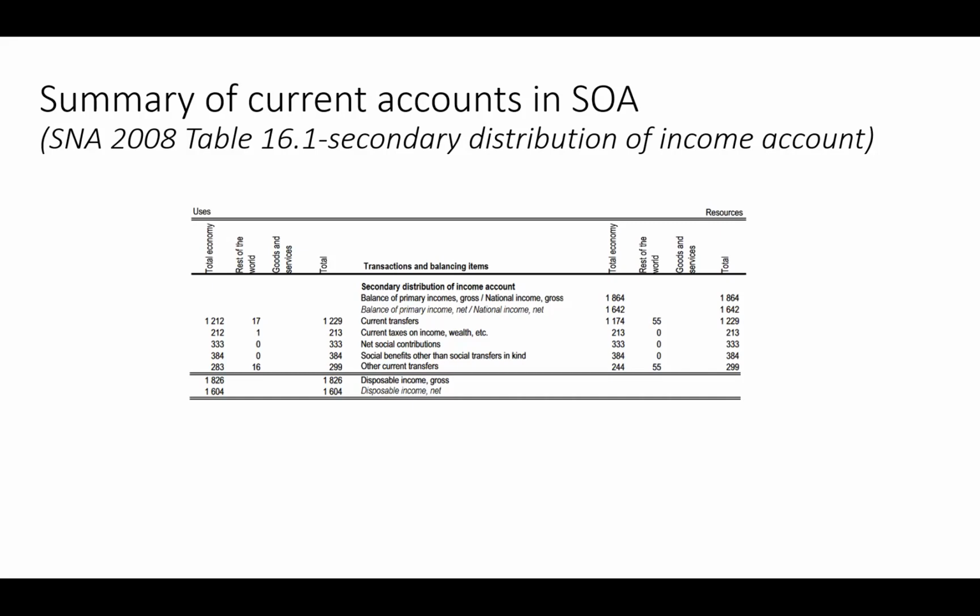It has the current transfer, current taxes on income, net social contributions, social benefits other than social transfer in kind, and other current transfers. And the balancing items here is disposable income, gross and net. Again, net disposable income has been calculated as gross value minus consumption of fixed capital.